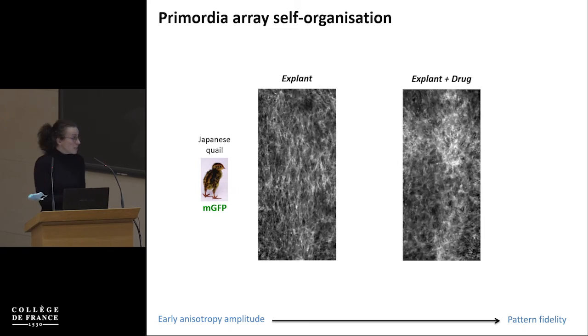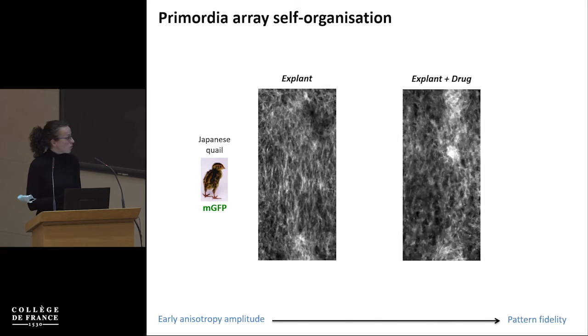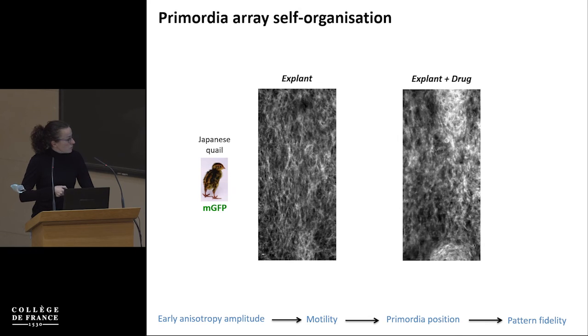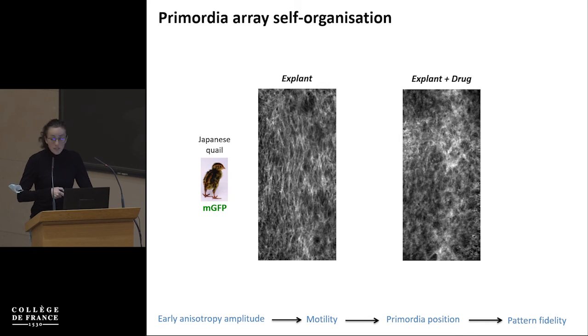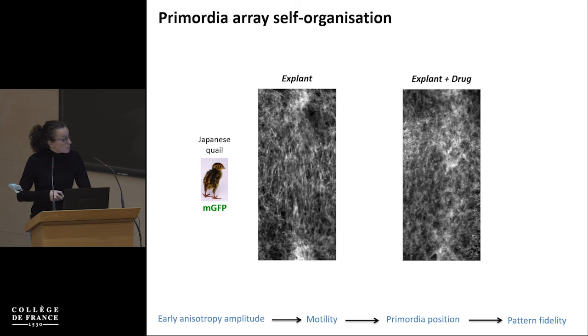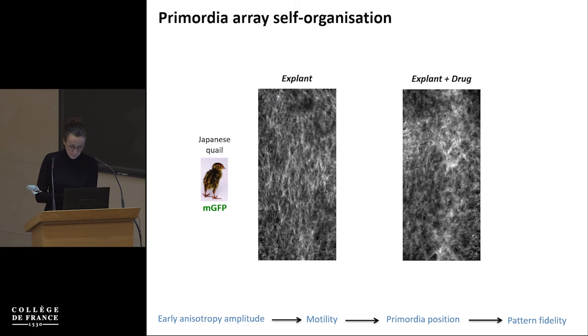And we actually analyzed these movies in depth. We performed velocimetry analysis and so on, and we were able to show that this early amplitude of anisotropy actually optimizes the motility of cells, which is what stabilizes the position of primordia and results in a high fidelity pattern.